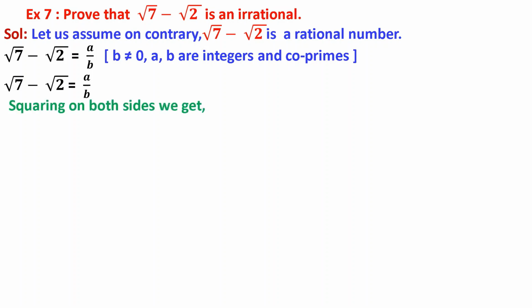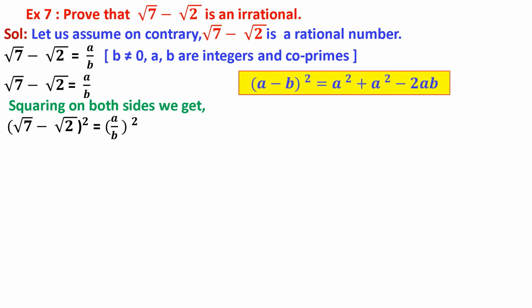Root 7 minus root 2 is equal to a by b. On squaring both sides, we get (root 7 minus root 2) whole square is equal to (a by b) whole square. On the left side we have (root 7 minus root 2) whole square, which is in the form (a minus b) whole square. The expansion of (a minus b) whole square is a square plus b square minus 2ab.